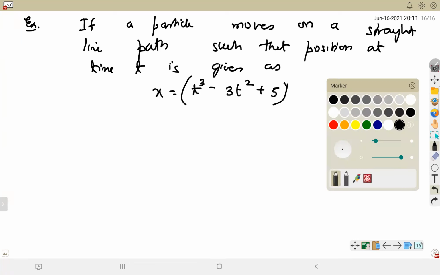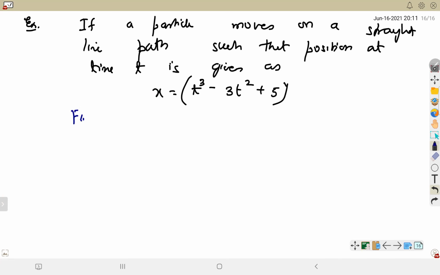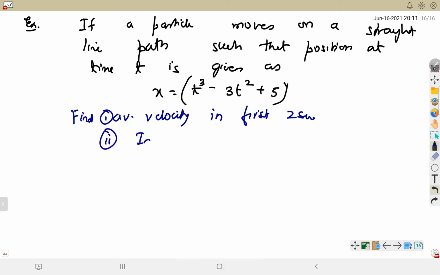Find the average velocity in the first 2 seconds and find the instantaneous velocity at time t is equal to 1 second.